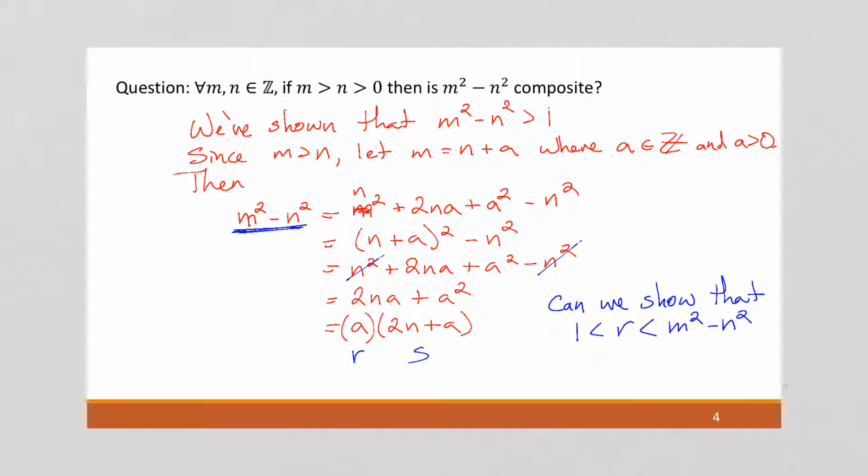Because if you recall, the definition of A said that A was greater than 0. It does not say that A is greater than 1. And that's the requirement here, that A, or R, which is the same thing, is greater than 1. So this is where our proof falls apart.